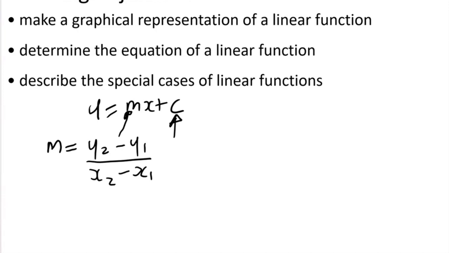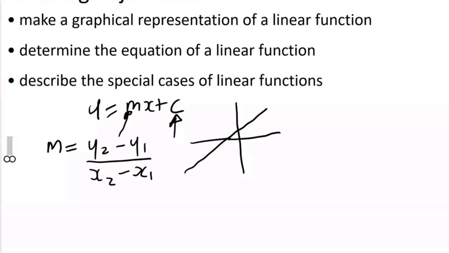You need to know what a slope means in graphical form. If you've got a graph which is increasing like this, you know that your m is greater than 0. That means the value of your gradient is going to be positive.